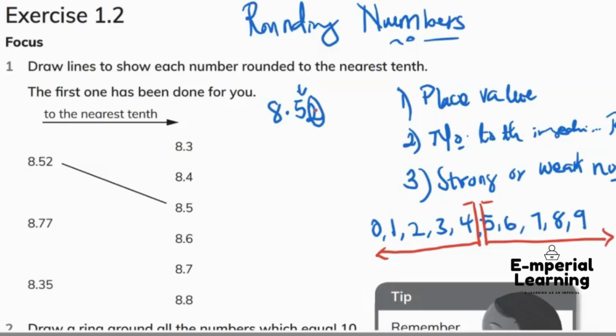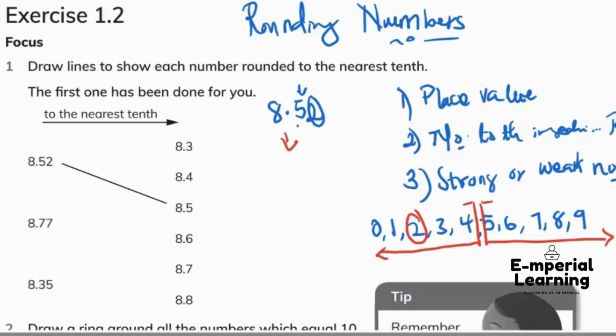So 2 is part of the weak numbers. Whenever you have a weak number, it becomes negligible. You just neglect it. When I say negligible, I mean you don't do anything to it, rather it reduces immediately to 0.